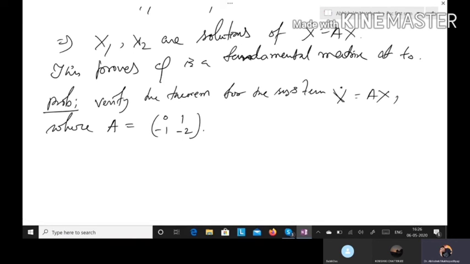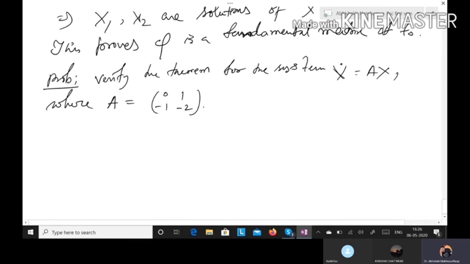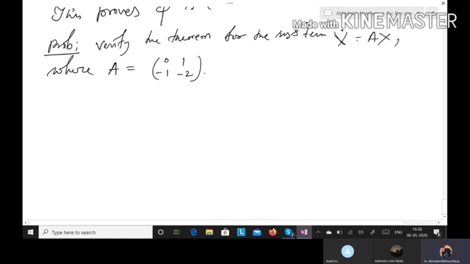To verify the above theorem, we need to first calculate the solutions of the given linear system. For our convenience, let us find out the solutions first, and then we will see how to construct the fundamental matrix of the given system using the solutions obtained.